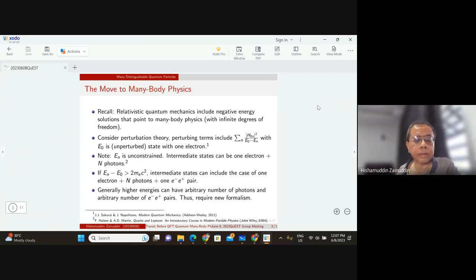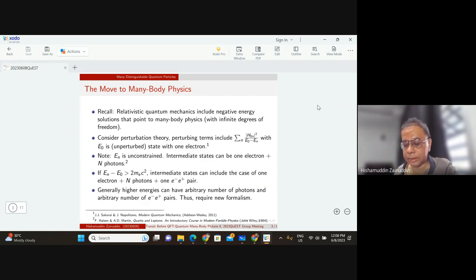Okay. So if we recall from our previous talk, we had the idea of relativistic quantum mechanics giving some extra solutions, which point to negative energies. One could interpret this as the negative energy sea, which could interact with particles, say with photons, and then excite the states in the negative energy sea.